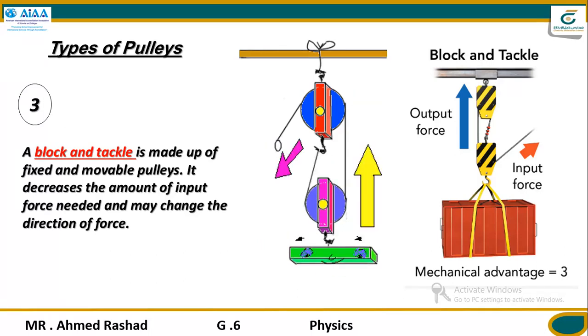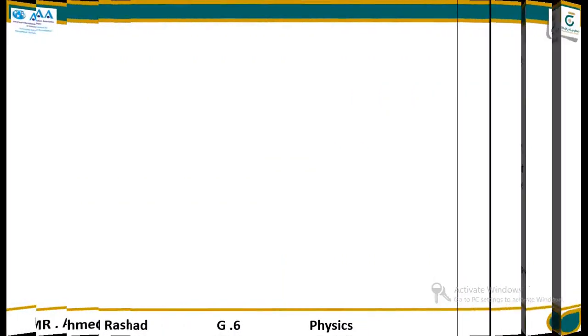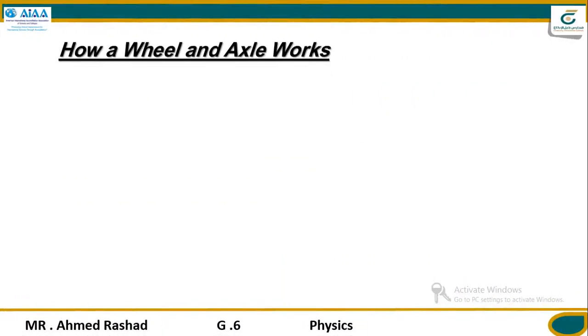Now we can go to point number 2, which is question number 1, and it's about how a wheel and axle work, and actually what the meaning of wheel and axle is, and how it makes work easier.